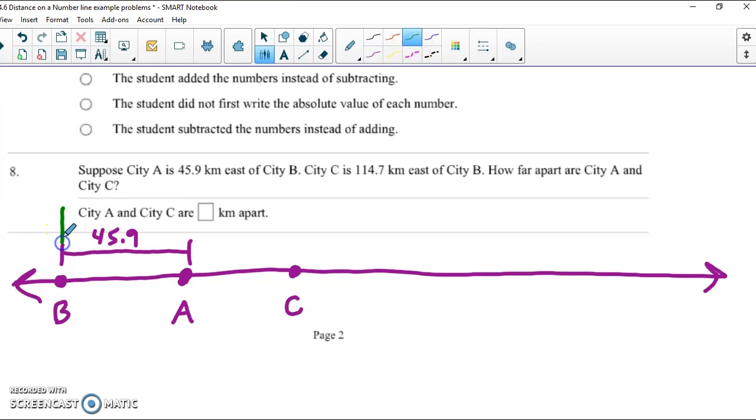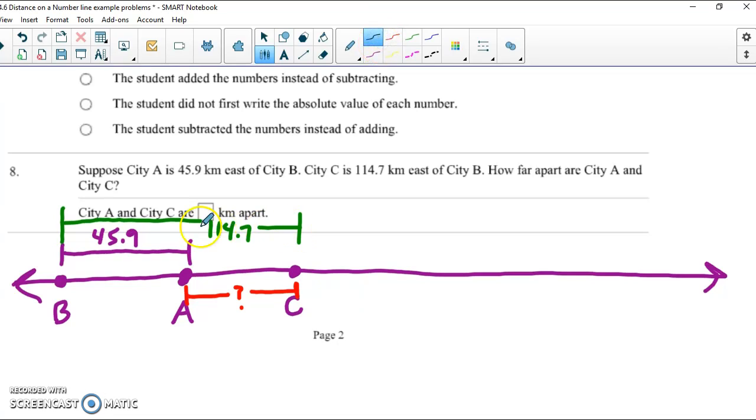So from B to C, this is a distance of 114 and 7/10 kilometers. So we want to know how far apart are A and C. So I'm looking to try to find this distance here.